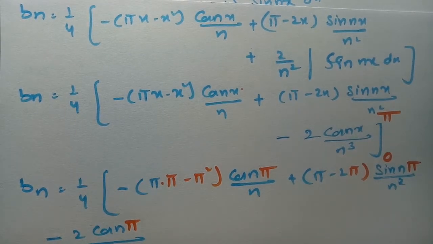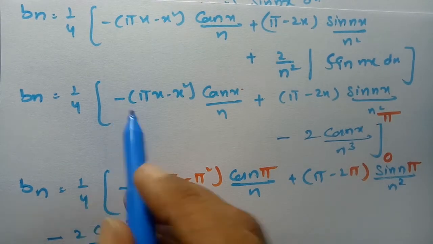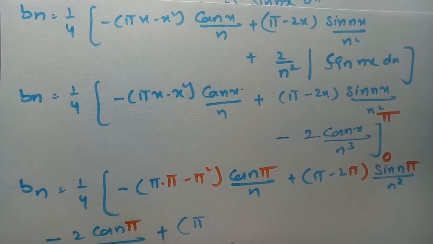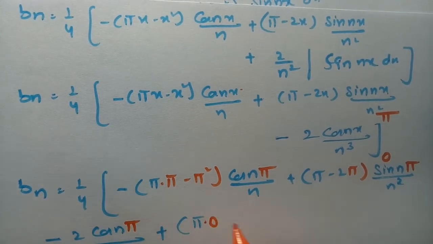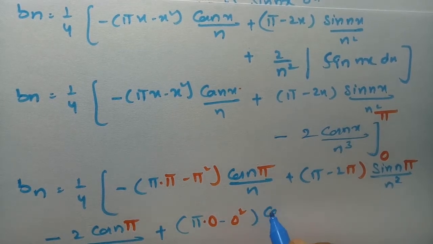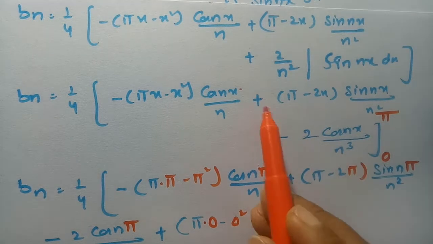So later we have to substitute the lower limit. For the lower limit, minus of minus is plus. So in place of x, I have to write 0, that is 0 minus 0 square into cos 0, and here it is plus.